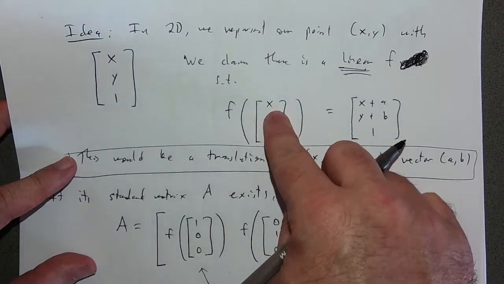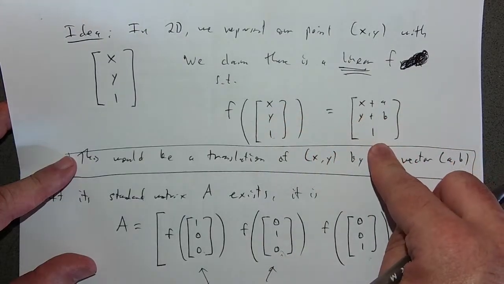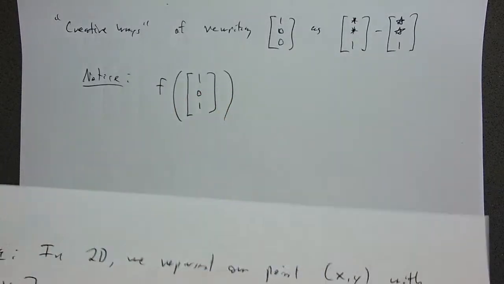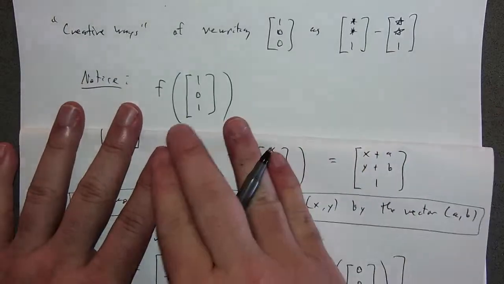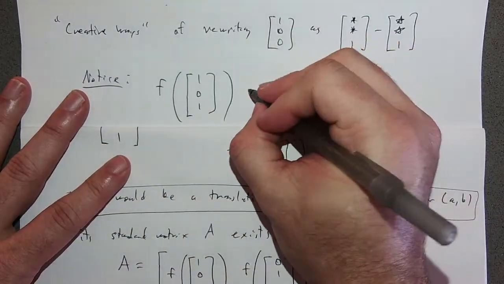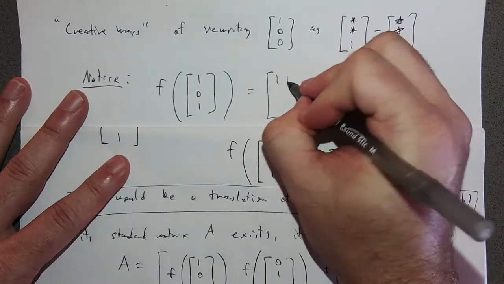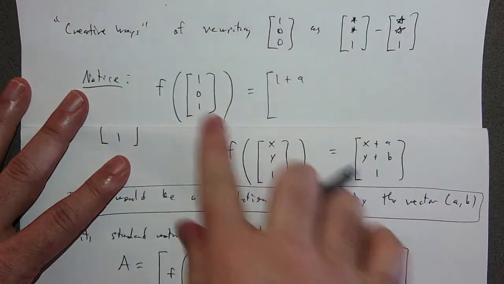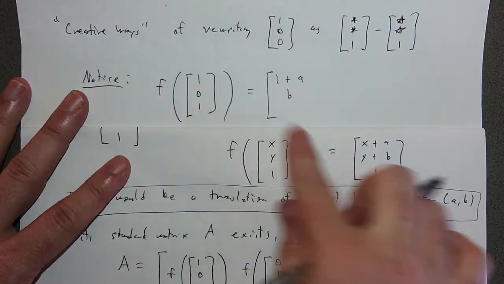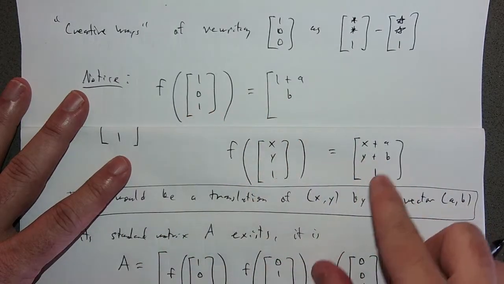F, I'm claiming, takes x, y, 1 to x plus a, y plus b, 1. So f of 1, 0, 1 is, let's just, here, I'll put this next to what it is I'm doing. F of 1, 0, 1 here is what? This is 1 plus a, 0 plus b, which is just b, and then 1.